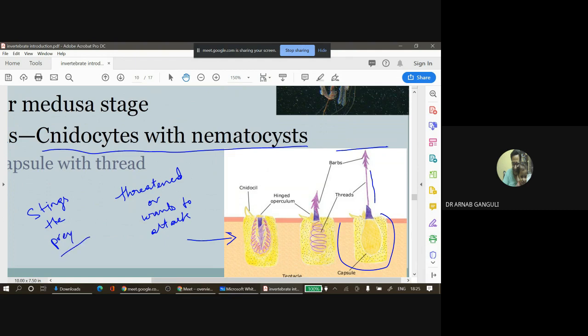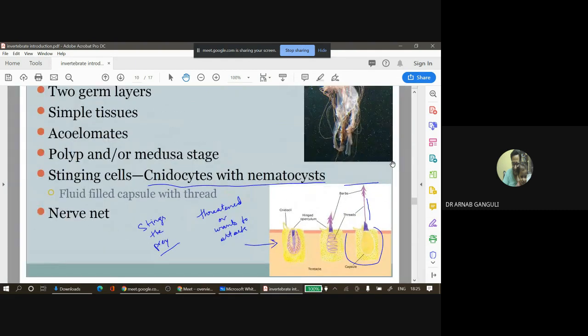So the group of organisms which have these cnidocytes with nematocysts are known as cnidarians. You have read about Hydra.